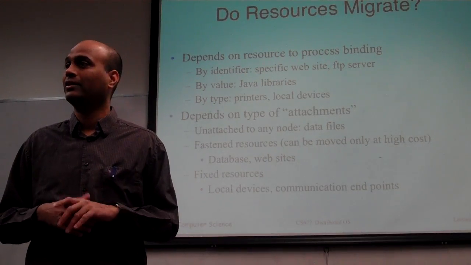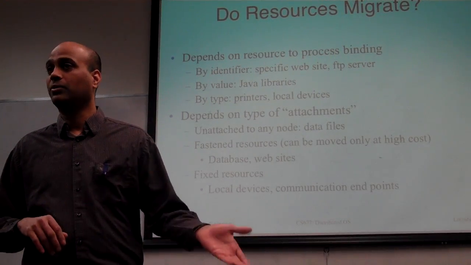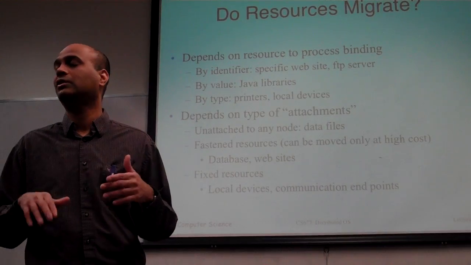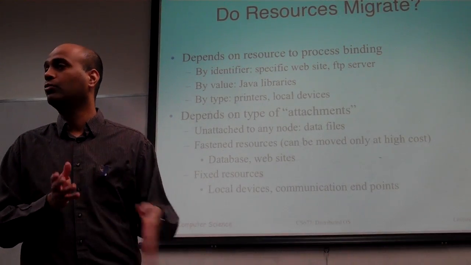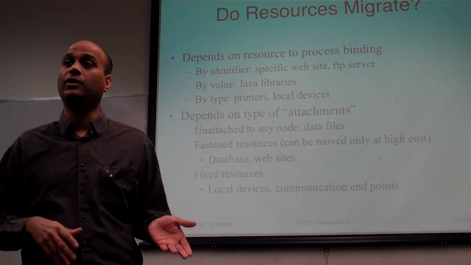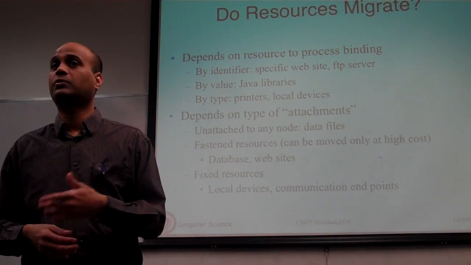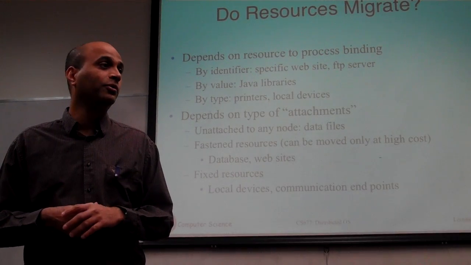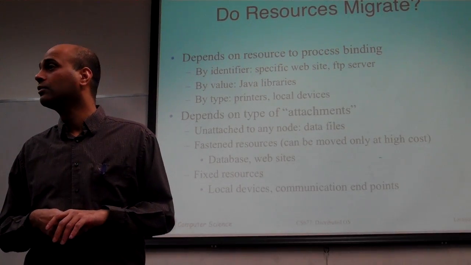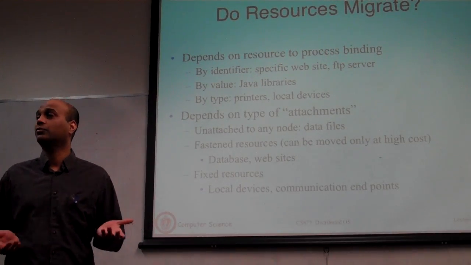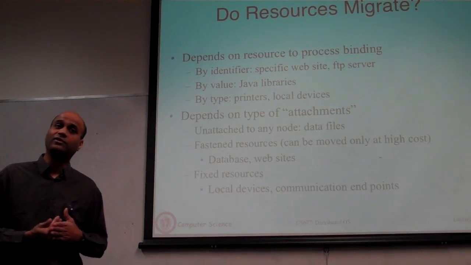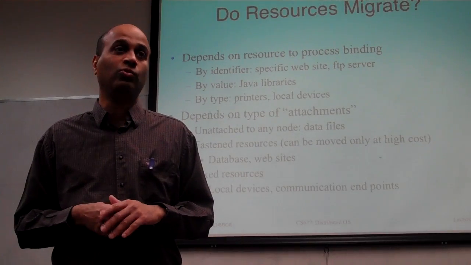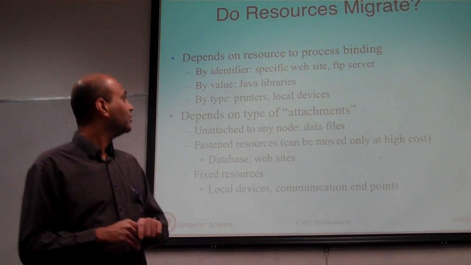Think of a printer as an example. There's a printer connected to the machine, and your application is designed to, let's say, print something. You could print locally to your local printer, but if the process moved, you could send the job over the network, and essentially the printer is acting like a network printer. You just print over the network. Same thing with files. If you have a network file system, you can access that file over a network file system. The file doesn't have to move, for instance.